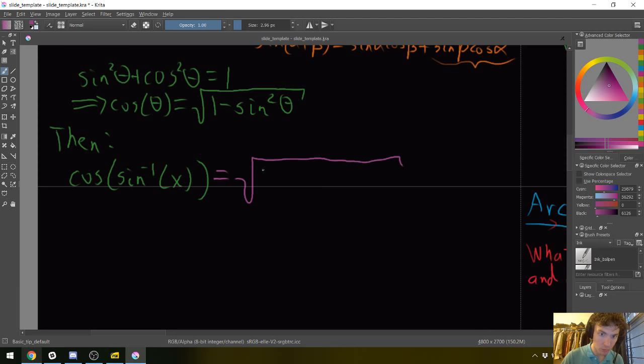Alright, so is it always true? This is actually a concept question about inverse functions. Is it always true that sine of sine inverse of x is equal to x? I don't believe so. Do you have a counterexample for where this is not true?